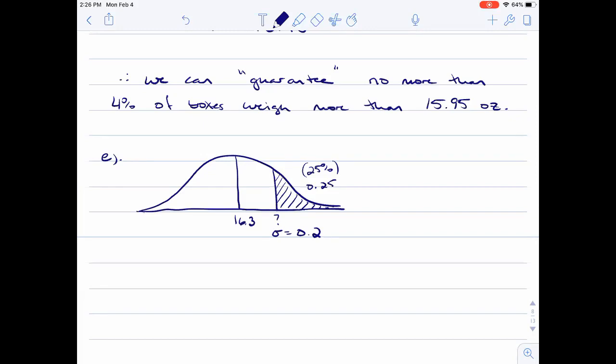Or if you wanted to get sneaky about it, you could remember that you've got symmetry. So even if you went to the lower end and found 0.25, you would get a negative Z-score, but Z is symmetric around 0. So once you found that negative Z-score, you could drop the negative.